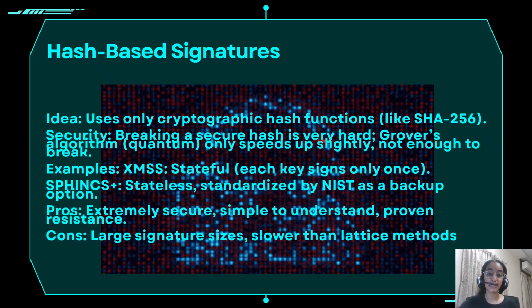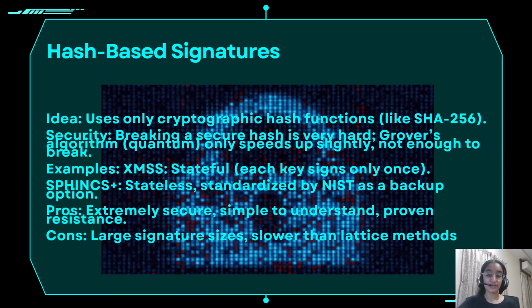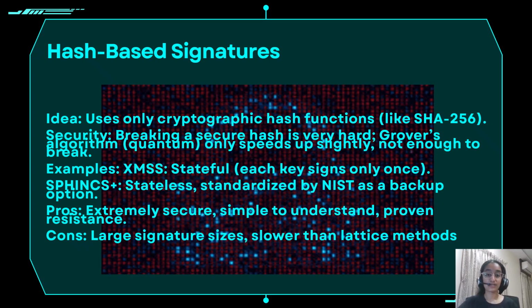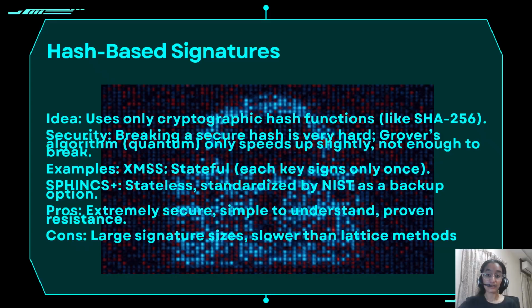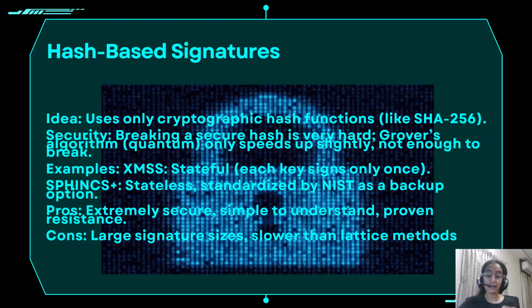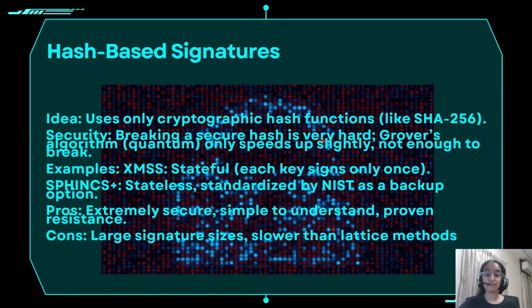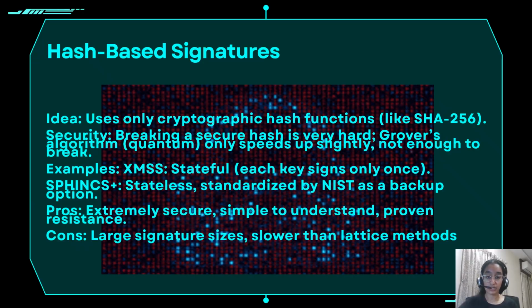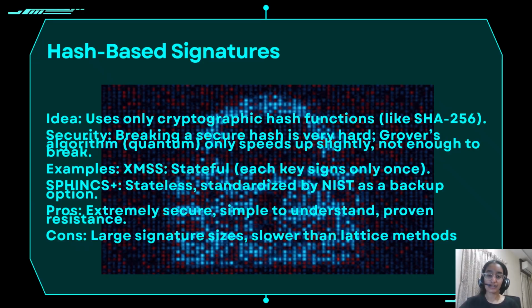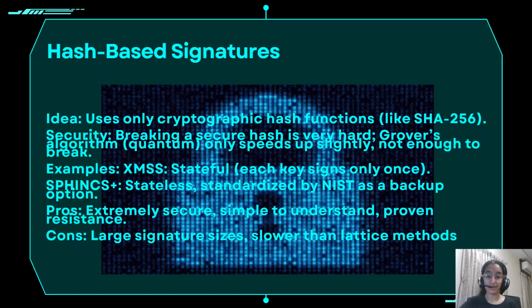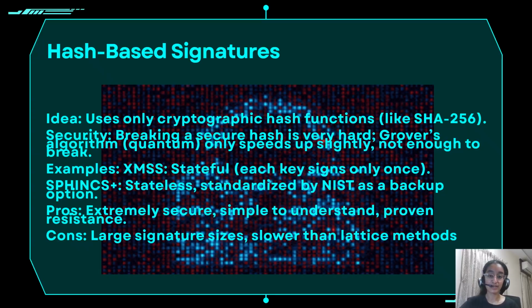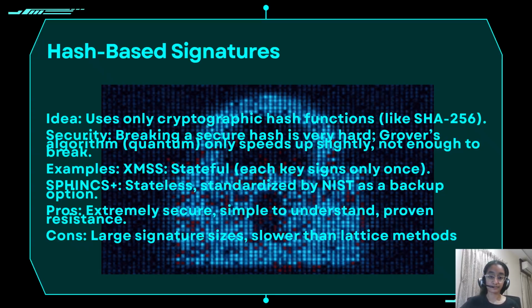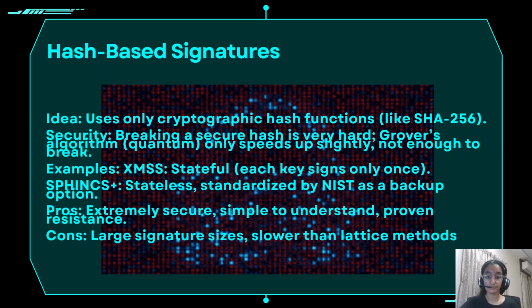SPHINCS plus uses a more complex structure that avoids the stateful problem. It is stateless, so you don't have to track key usage. It was standardized by NIST in 2022 as a backup post quantum signature scheme. Trade off: larger signatures and slower signing and verification compared to XMSS or lattice based schemes.